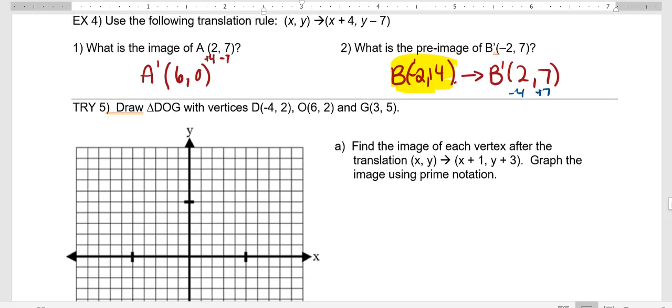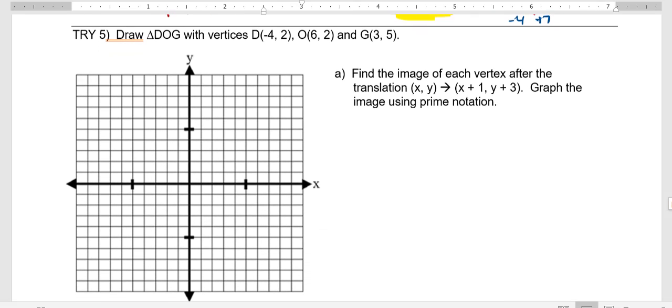All right, go ahead and draw this one out. Draw out your vertices dog, and then create your image of that pre-image of dog. So at the end of the day, you should have your triangle dog drawn, and you should have your triangle D prime, O prime, G prime drawn.